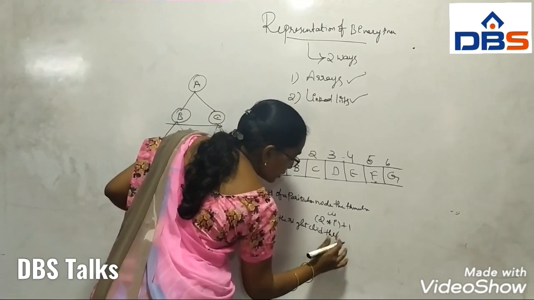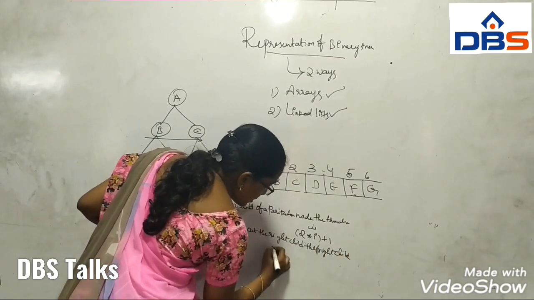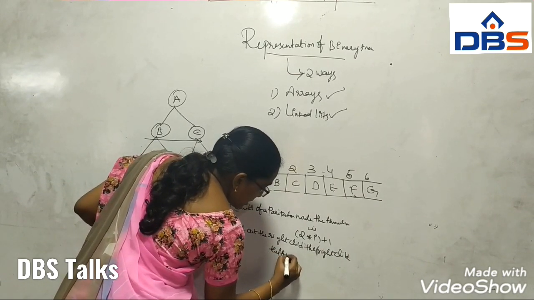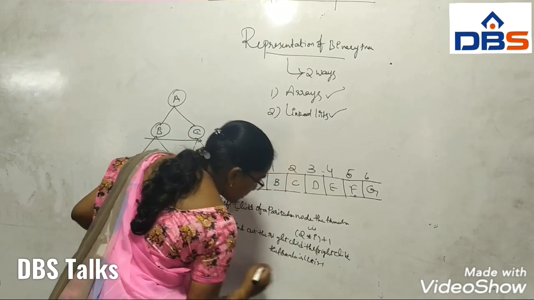To find out the right child, the formula is 2 star I minus 1.